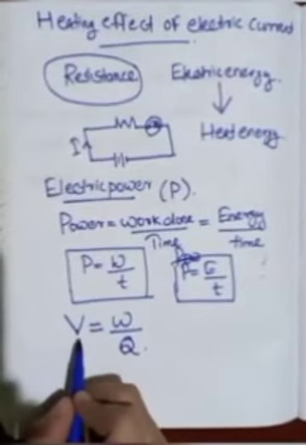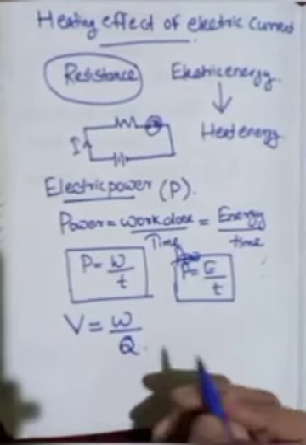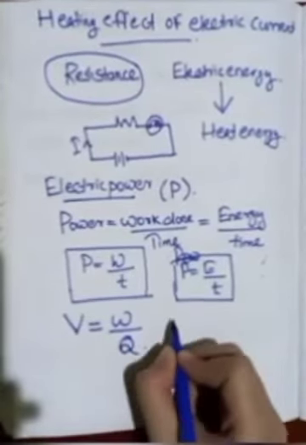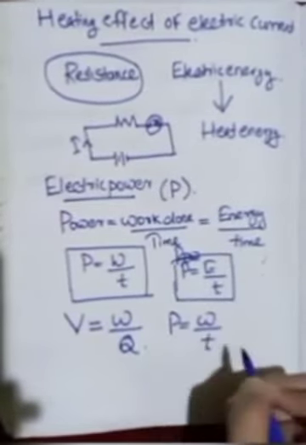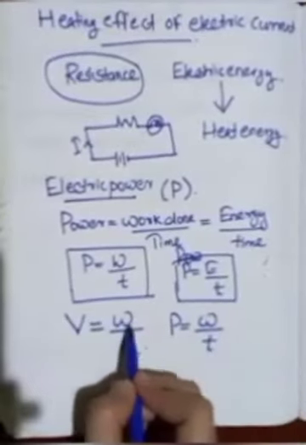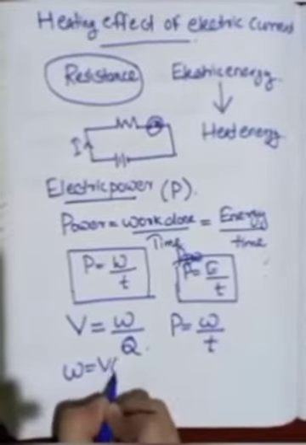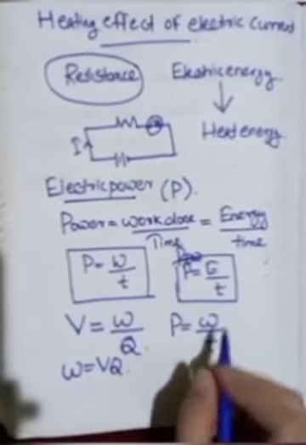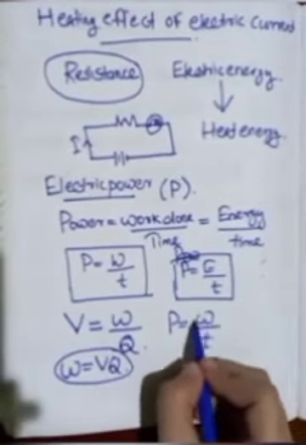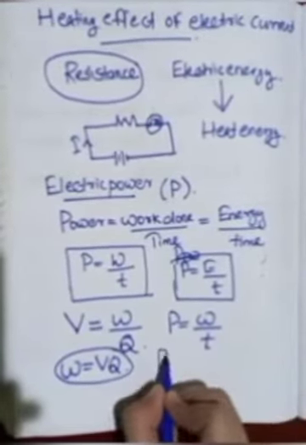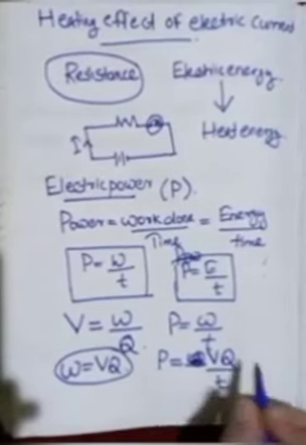We all know the power P is equal to W by T. We can find the work from this equation, W is equal to V into Q. Then we can substitute this value into the power equation, that is P is equal to VQ by T.